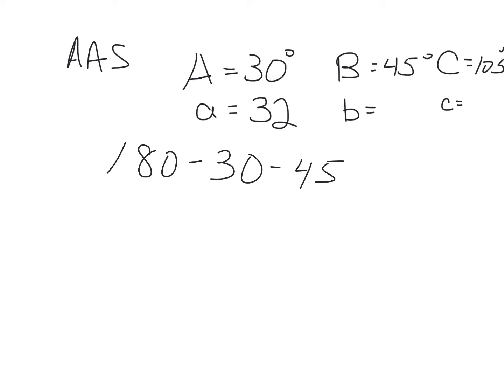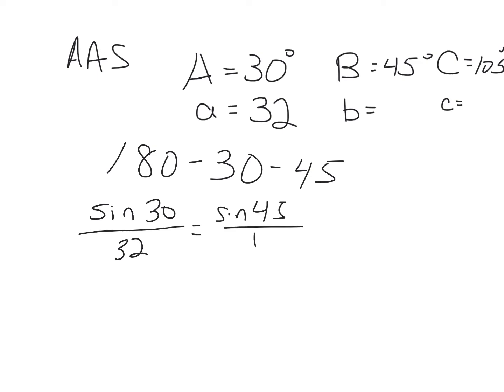Then from there, we have to use the law of sines in order to solve. What I normally like to do is always use what's given to us. So sine 30 over 32 equals sine 45 over lowercase b. Then we cross multiply, so b sine 30 equals 32 sine 45.